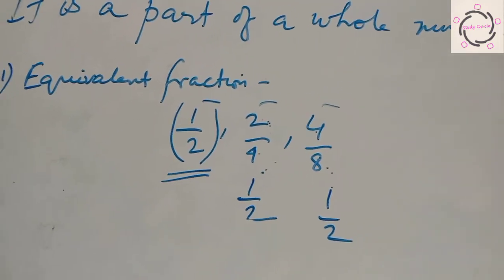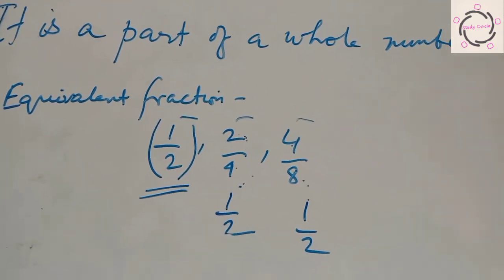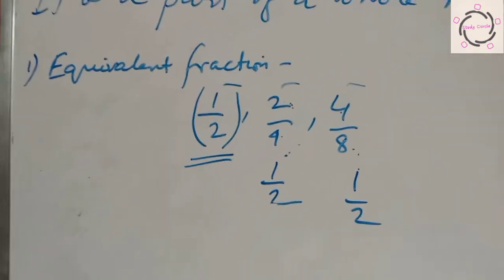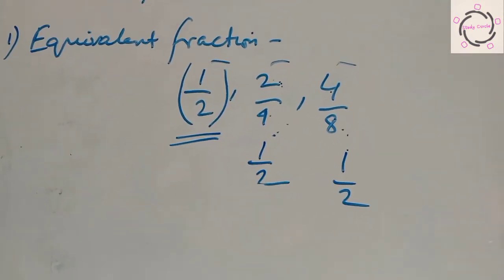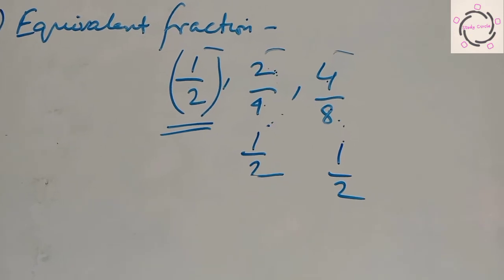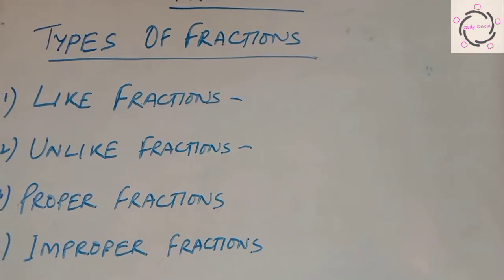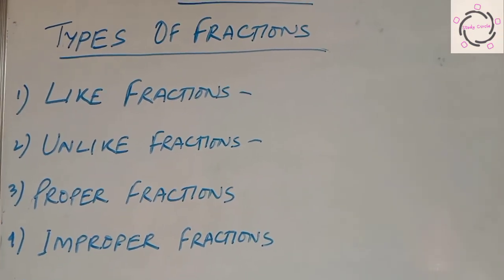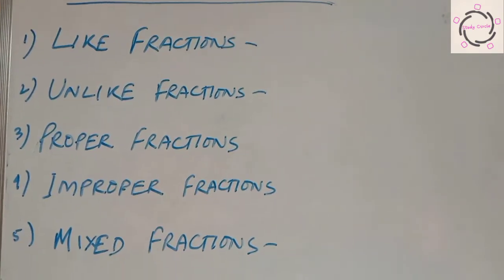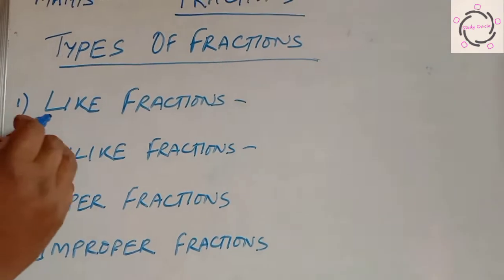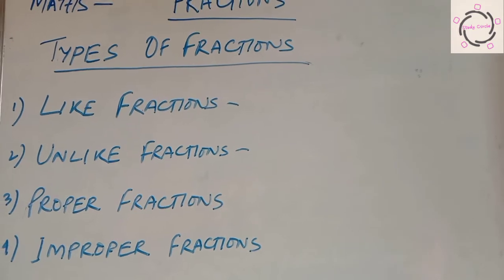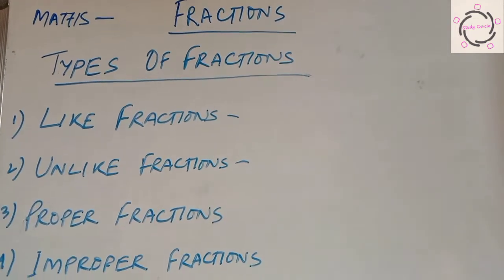Next, I should discuss the types of fractions. Altogether there are 5 types of fractions. দেখো, হেডিংটাই লিখে দিয়েছি তোমাদের ভিডিওটির সময় বাঁচানোর জন্য. First of all is like fractions.